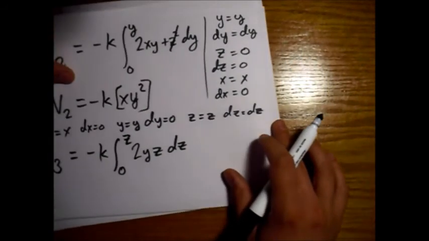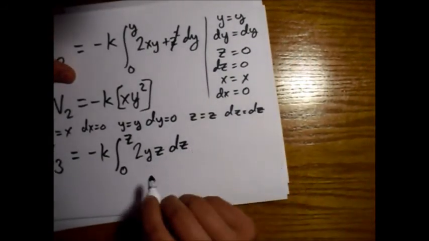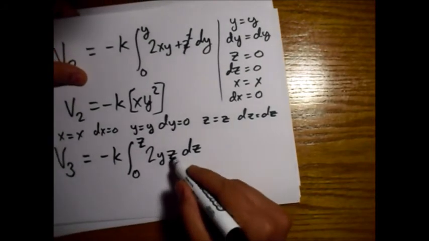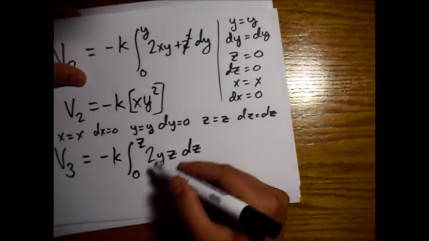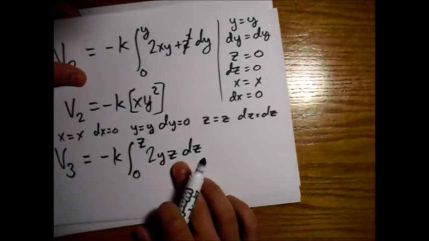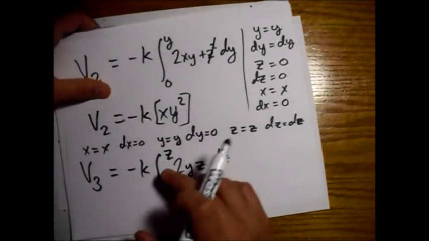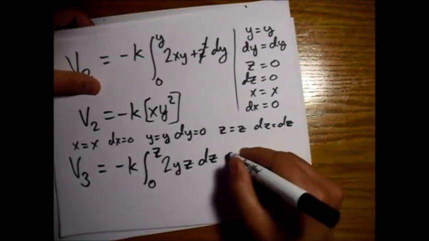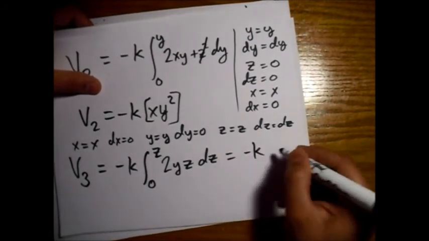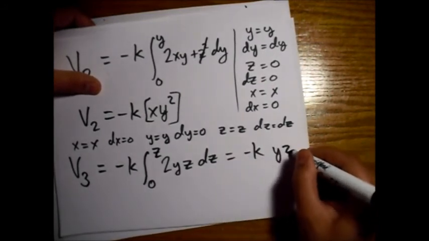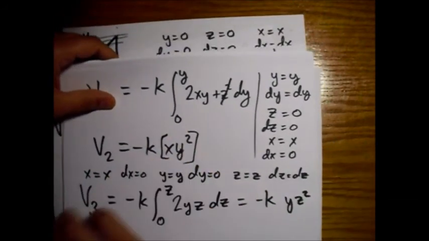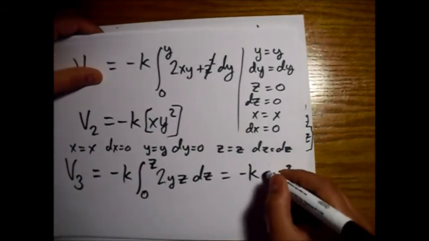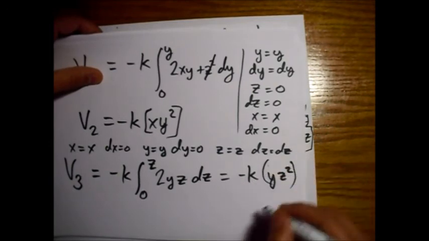So now, what do we get here? Well, we're just going to raise z to 2, divide by 2, so we get yz squared. And just like before, we're integrating from 0 to z. So here we go. Minus k, and then we have a yz squared, just similar to what we did up here. Don't even need the parentheses, but why not?